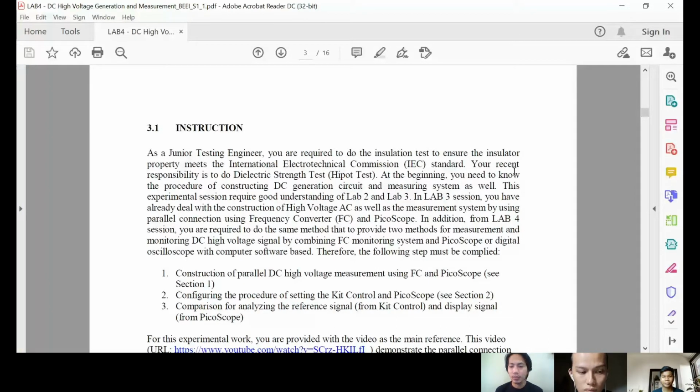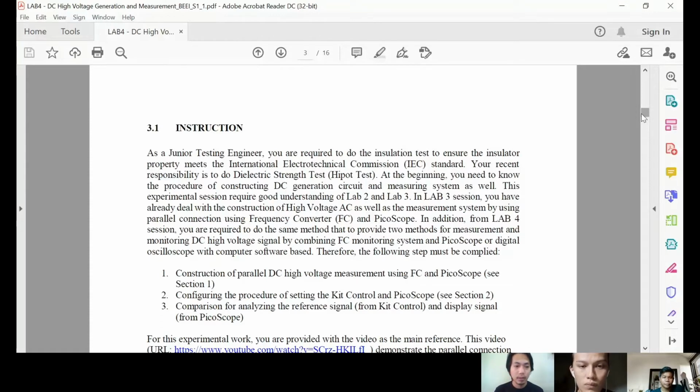Basically this lab is the same as the previous labs, lab 2 and lab 3. In addition, it is the same procedure and method, but this one provides a DC high voltage signal, with the same combination of FC monitoring system and picoscope or digital oscilloscope.